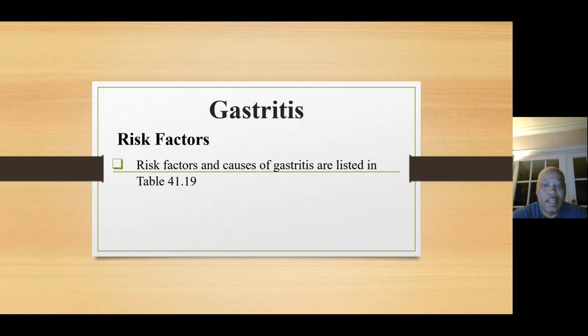Now, when the prostaglandins are not produced and the gastric mucosa is compromised, or the integrity of it becomes compromised, now the mucosa becomes more susceptible to injury. All right.